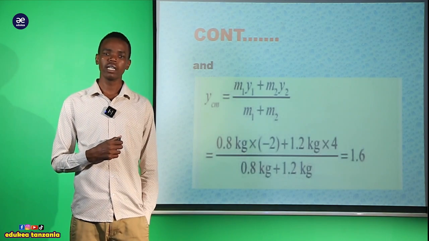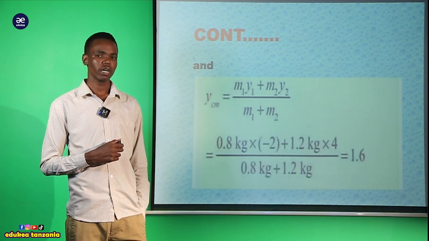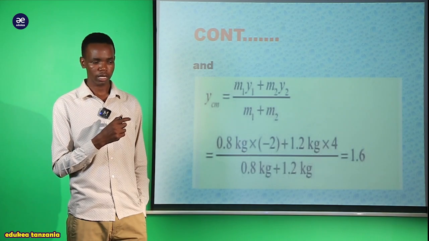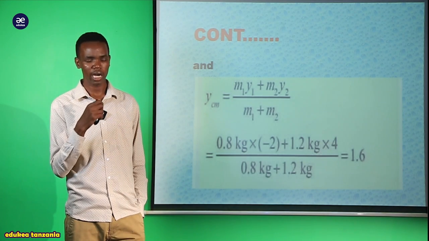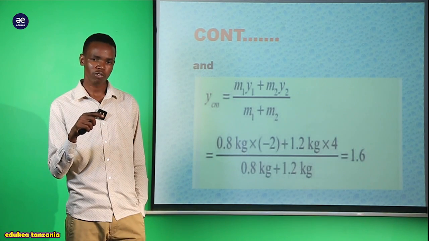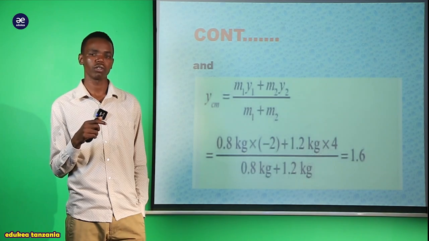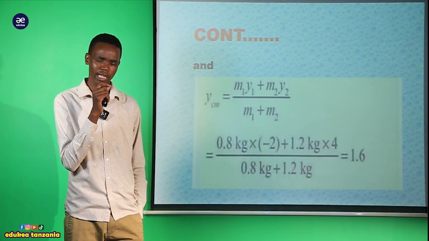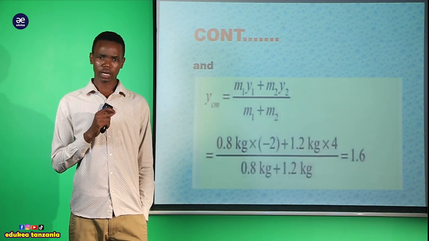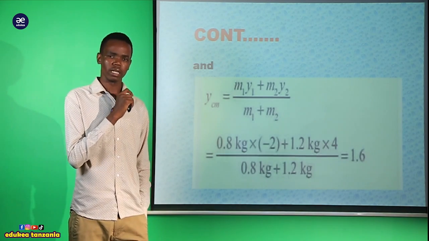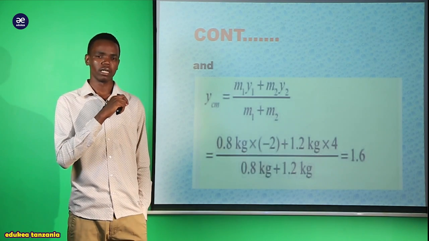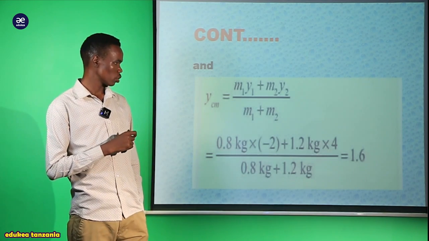So here, my dear student, we should recall our formula: the summation of m_i y_i divided by the summation of m_i. Remember this runs from 1 to n, but here we have two particles, so n is equal to 2. Hence we will have mass 2 together with distance 2, it means y1 and y2.